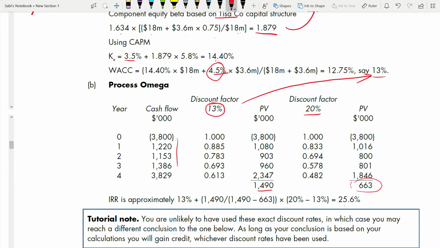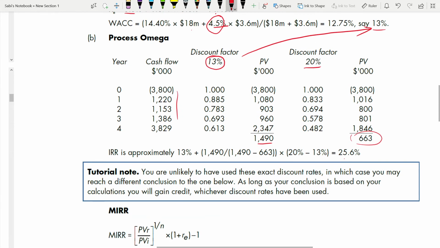It's okay, don't panic. So for IRR, use the formula: 13%, because that is the lower discount rate, plus the present value under the lower discount rate, 1490, divided by the difference of both net present values, multiplied by the difference of 20% and 13%. You are getting 25.6%. And mind you, whenever you have to calculate IRR and MIRR, first calculate IRR, then MIRR.